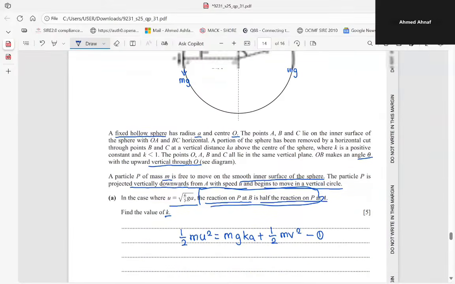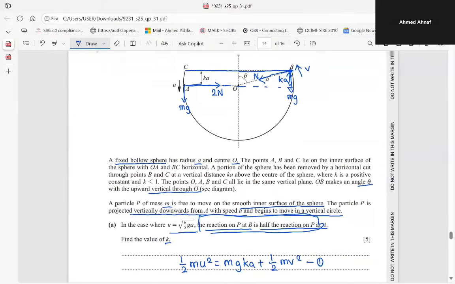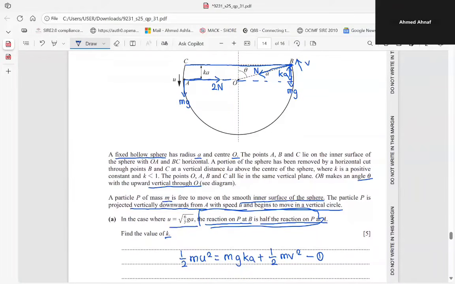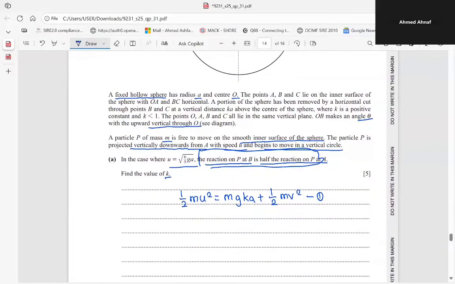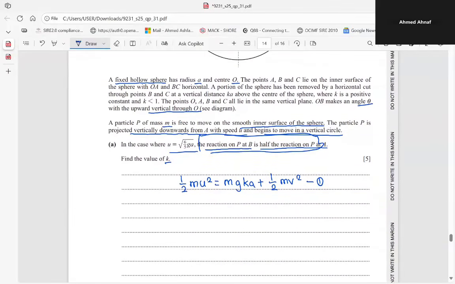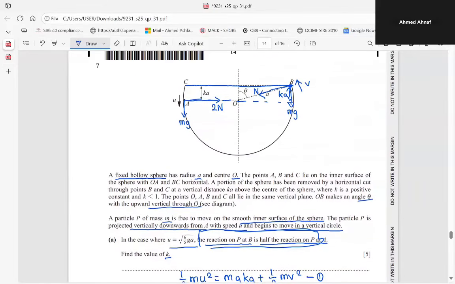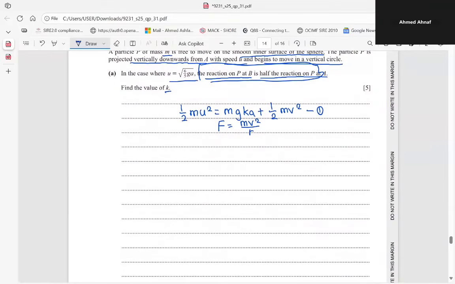So let's take this motion into account. At A, we're going to use the formula F equals mv squared over r. F is the centripetal force acting. There's only one force acting towards the center, which is the reaction force.